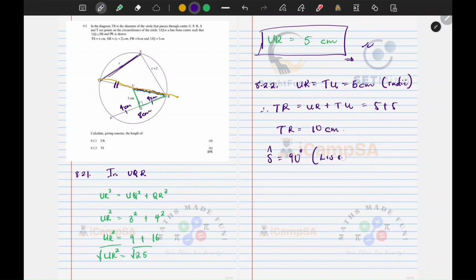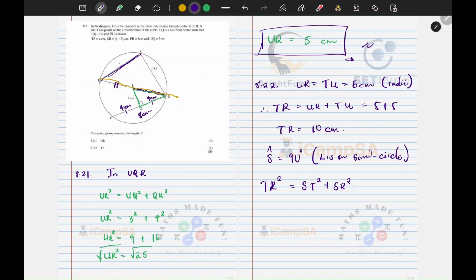Why? Angle in a semicircle. So now we have a right angle triangle, and it means that we can use our Pythagoras theorem. So our Pythagoras theorem is going to say TR squared is equal to ST squared plus SR squared.